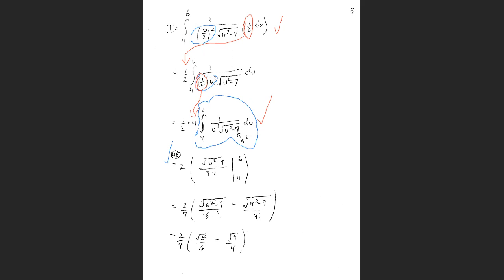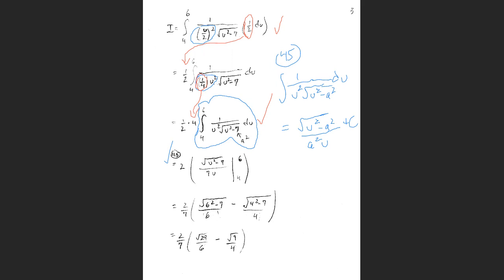And again, formula 45 says that the integral of 1 over u squared times the square root of u squared minus a squared du will equal the square root of u squared minus a squared divided by a squared u plus a constant.